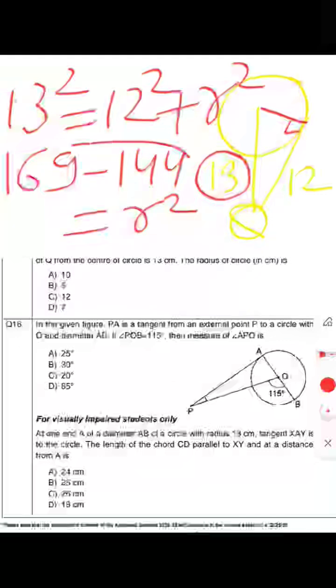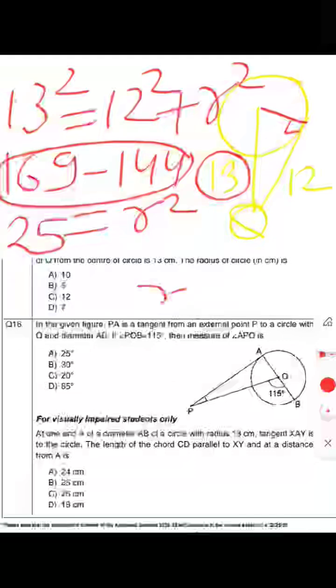If you solve this, you will get 25. So r square is equal to 25. So r equals 5. So the right option is B. In this question, your right answer is B.